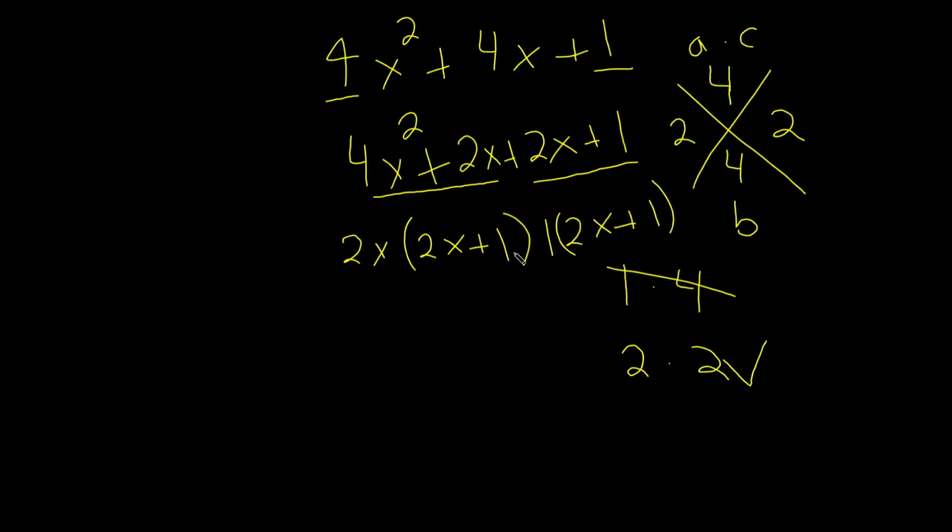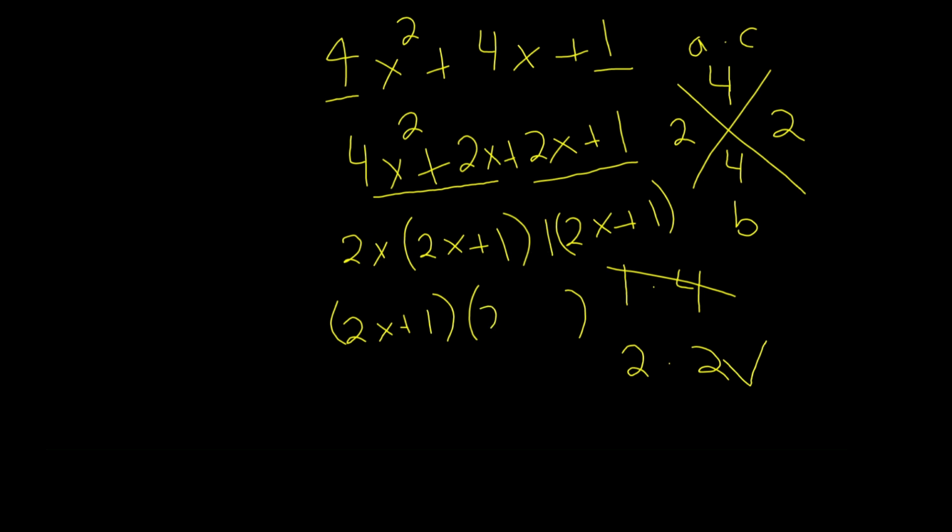When the things inside the parentheses are the same, you know you're on the right track. Because both of these are 2x plus 1, we write 2x plus 1 over here. And now, in this parentheses, we write this term plus this term.